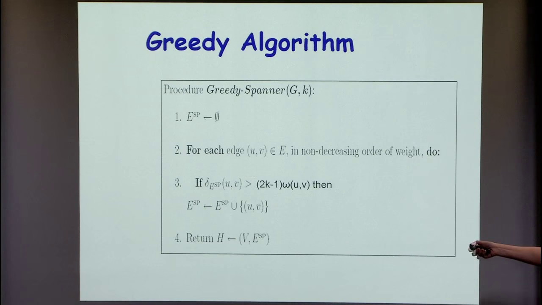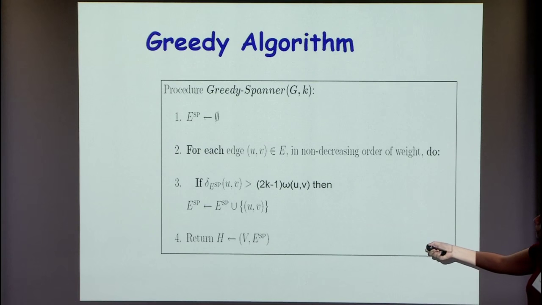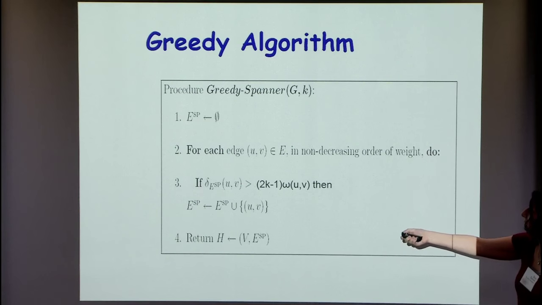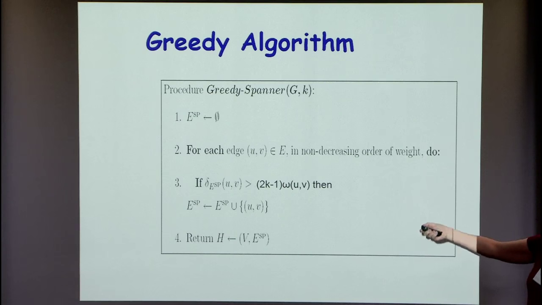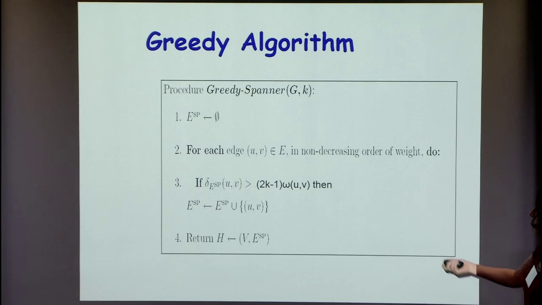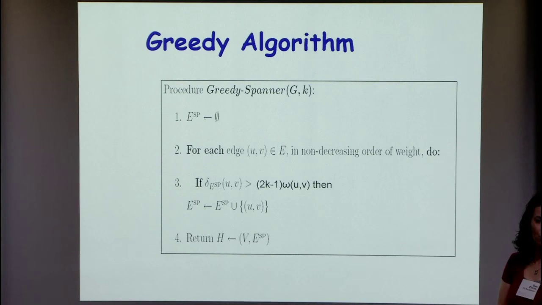For each edge uv that we examine, we take the edge uv into the spanner if the current distance in the constructed spanner between u and v is bigger than 2k minus 1 times the weight of the edge. It should not be hard to see that by construction we get 2k minus 1 stretch, because for every edge, we either have an alternative path of length at most 2k minus 1 times its weight, or we take the edge.